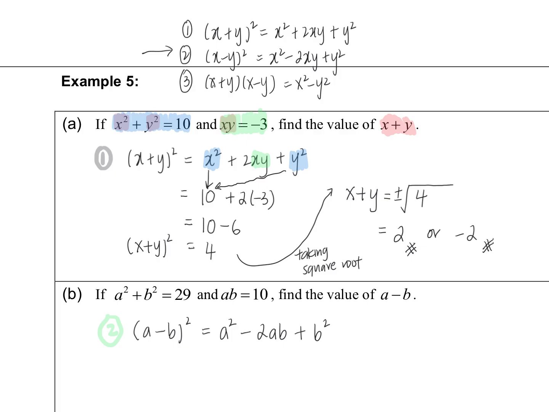Okay. So when I see a square plus b square is 29, I change this to 29 first. And then I know ab is 10, so I'm going to change this to 10.